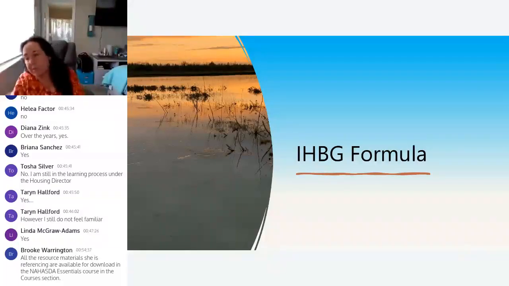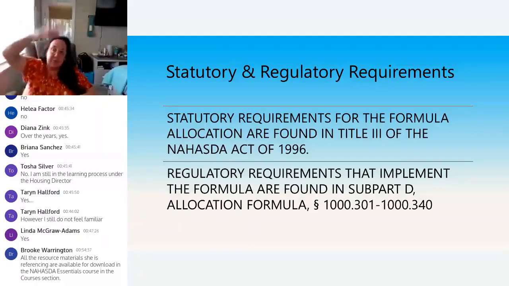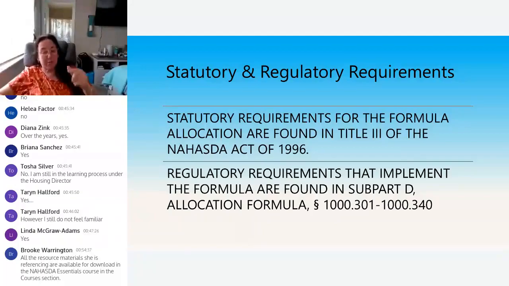So the formula, we're going to touch on that. It's statutory. The requirements of the formula are found in Title 3 of NAHASDA. So whenever you see that, that's the statute. That's where you go for that. The regulatory requirements that implement the formula are found in Subpart D, 1000.301 to 340. So when I teach, and a lot of other people teach, one document will refer you to the other.